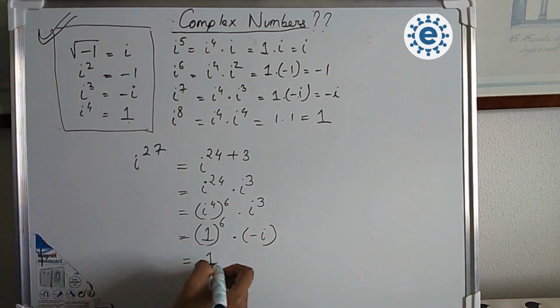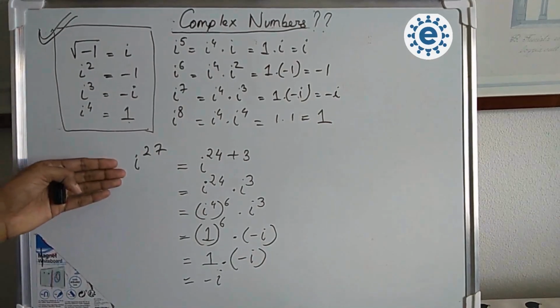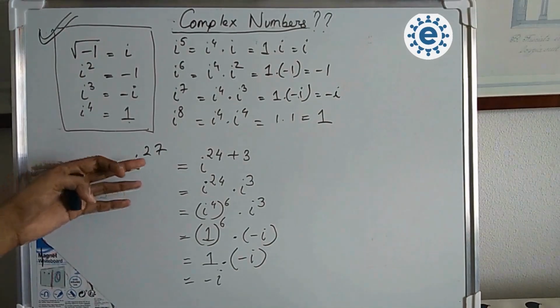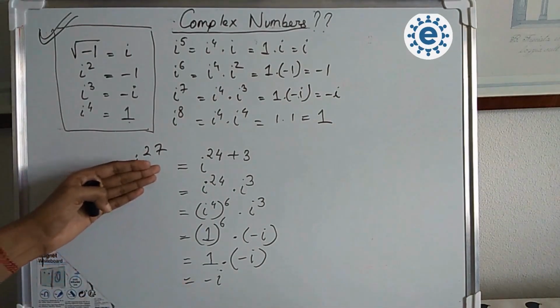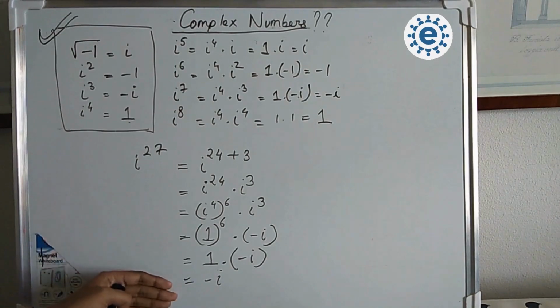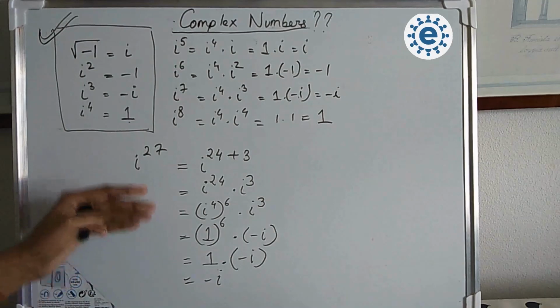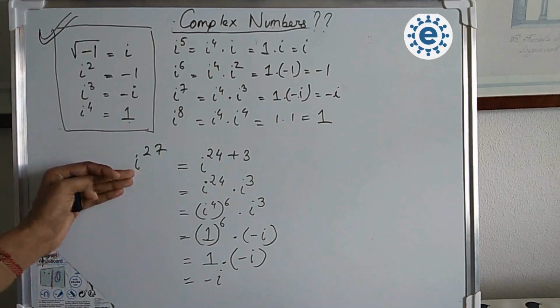So this is 1, times minus I, which is minus I. So the value of I to the power 27 is minus I. I have given you a detailed description of this. In the exam you can skip 1 or 2 lines from it, but only after you first understand how to find the value of I^27.